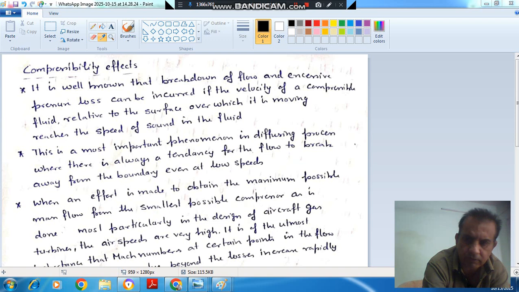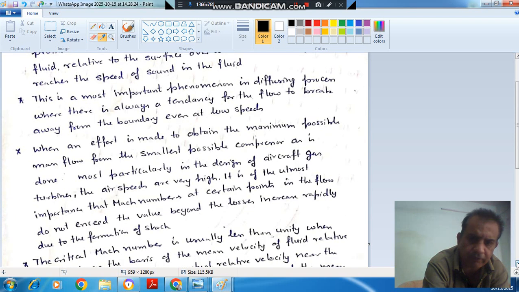This generally occurs when we want the maximum mass flow rate in the compressor for an aircraft gas turbine. When the maximum possible mass flow rate is required, the speed of the air has to be increased, so the Mach number can exceed 1 and shock can occur.